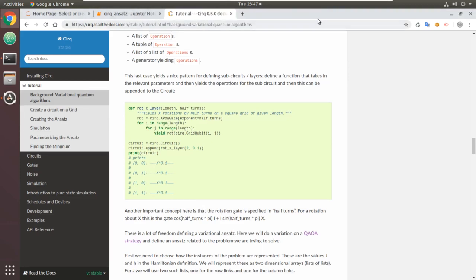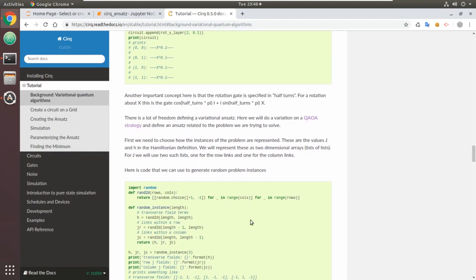Not now, later. Another important concept here is that the rotation gate is specified in half turns. So rotation about x, this is the gate. One half turn equals just 1 times pi. So pi.